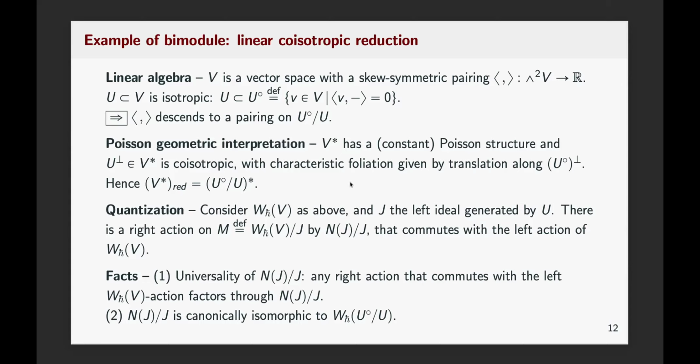And for this, there's also a well-known construction. We can take the Weyl algebra of V, and we can take the left ideal generated by U. It is acted on from the right by the normalizer of this ideal modulo the ideal.